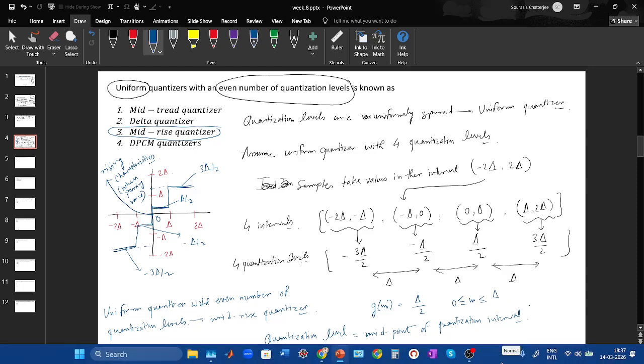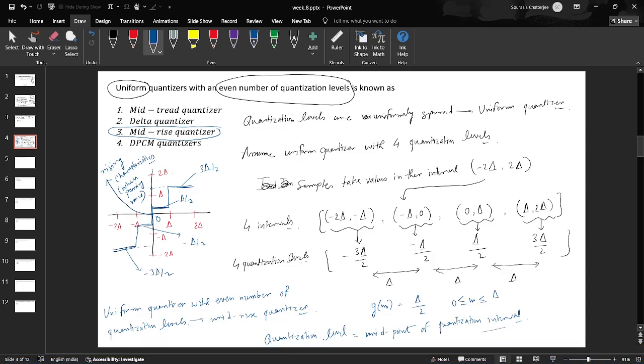And this is something quite intuitive, and it is not just coming out of nowhere. It has a reason. We'll look at that in the later part of this session.